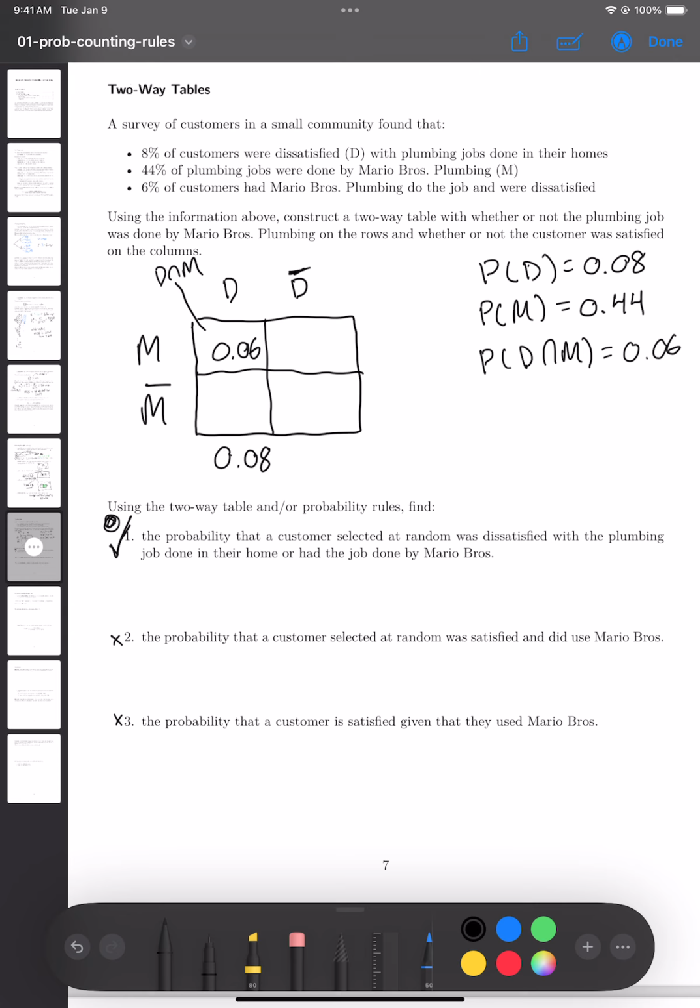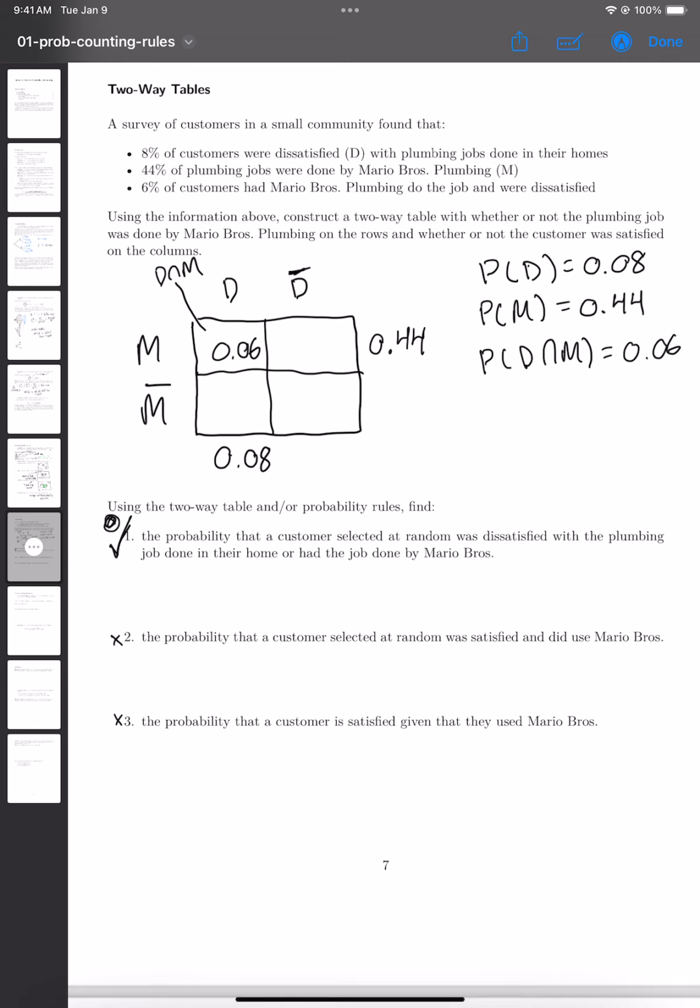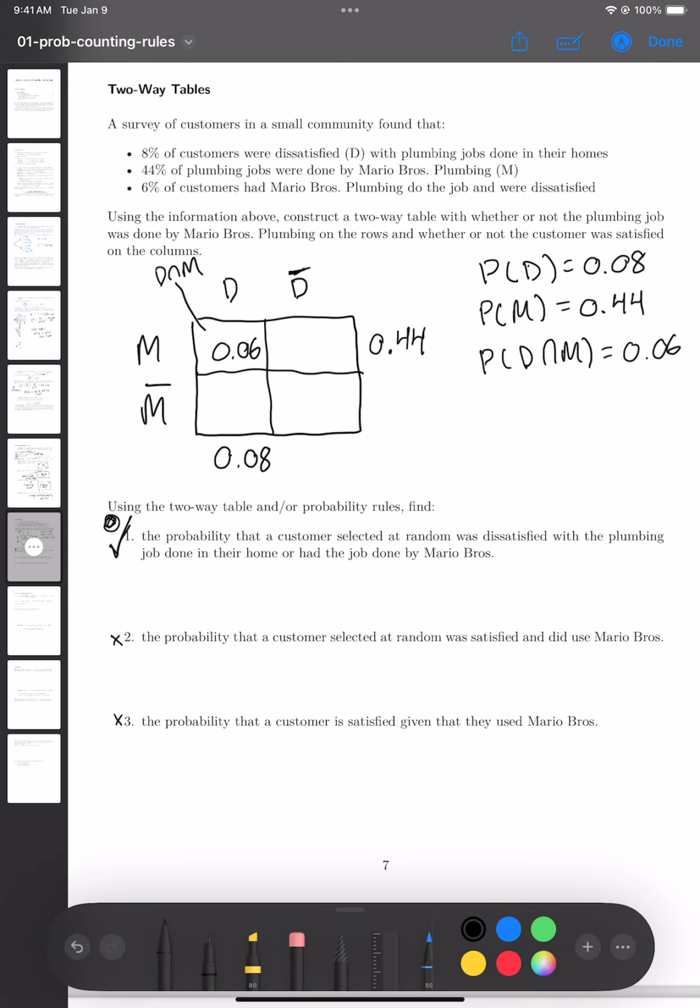That's what's called a marginal probability, and so it goes on one of the margins of the table. And same with the probability of Mario Bros. Plumbing being 0.44. That goes in the row with the M. So this is the information that we're given.